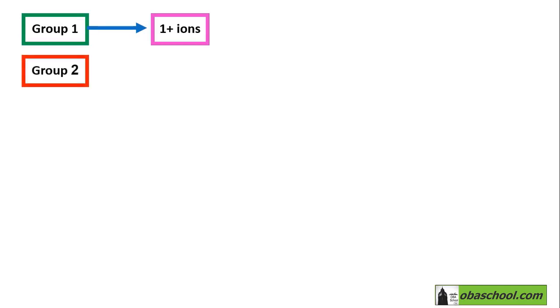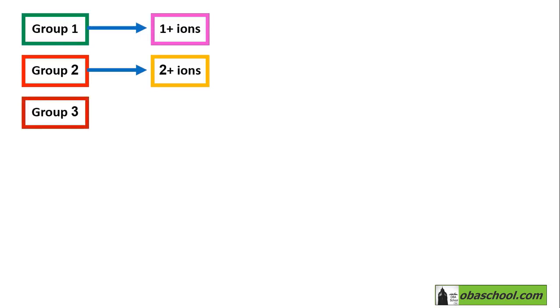So you can say that when atoms form ionic bonds, atoms from group 1 form 1+ ions. Atoms from group 2 form 2+ ions. Atoms from group 3 form 3+ ions.